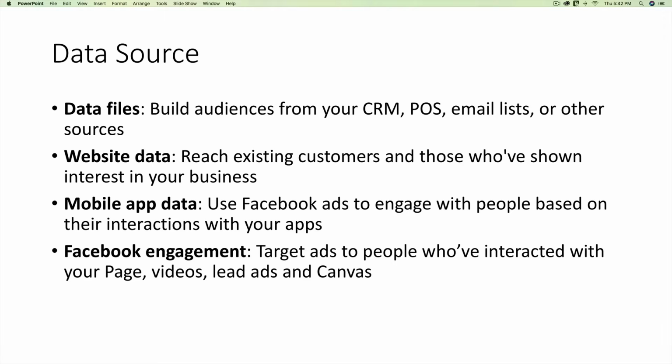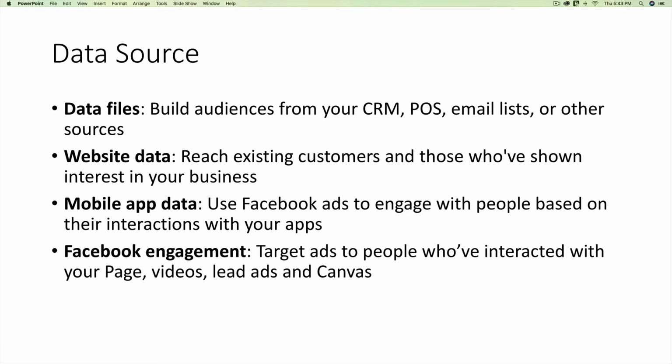You post videos on Facebook, and you can target people who have watched them, and you can customize it even further: who has watched only 10 seconds, or who has watched the complete video. Then we have lead ads. You can create lead ads on Facebook. These are specific ads created to collect emails, for list building. So you can target these people.